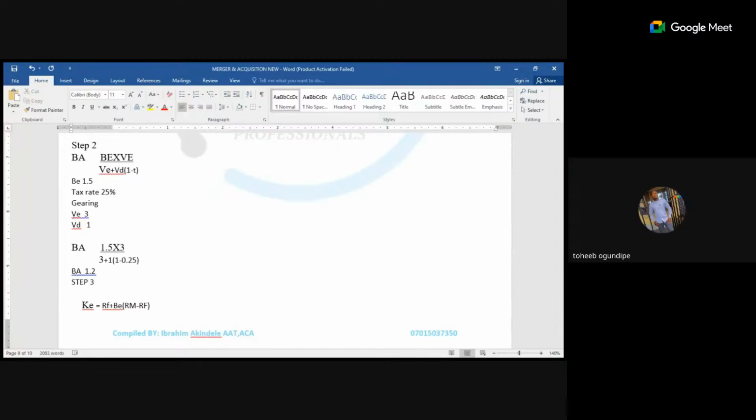What is the next step? This is the LT info. So asset beta should be 2. How? It's 5 divided by 2.5, it's 1.2. 4.5 divided by 2.25. No, 4.5 divided by 3.75. Okay.